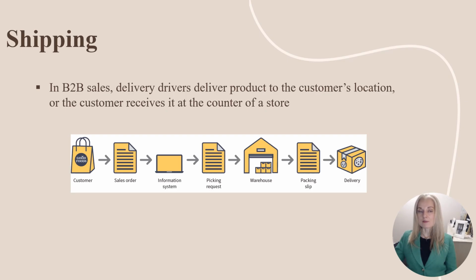And if the customer was picking up the order, you would have a pickup request, and the customer would go to the business's location and pick up the order. Alternatively, if the customer wanted the goods shipped to them, then you would have a packing slip, which would prompt the packing of the goods for the customer. That would lead to a shipment and a delivery to the customer.